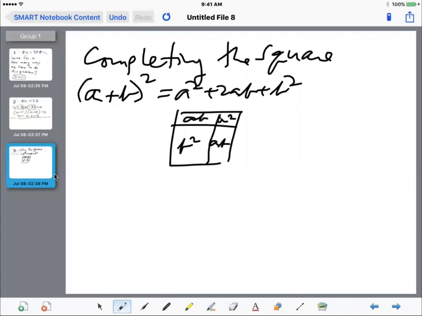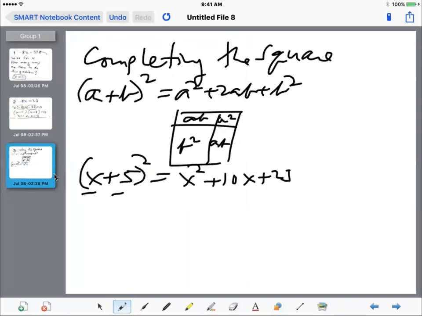Now, if it's not a plus b, but it's like x plus 5, then you would get x squared plus 2ax, where the a and the b are x and 5, so we'd end up with 10x. And if I had x plus 3 squared, it would be x squared plus 6x plus 9.